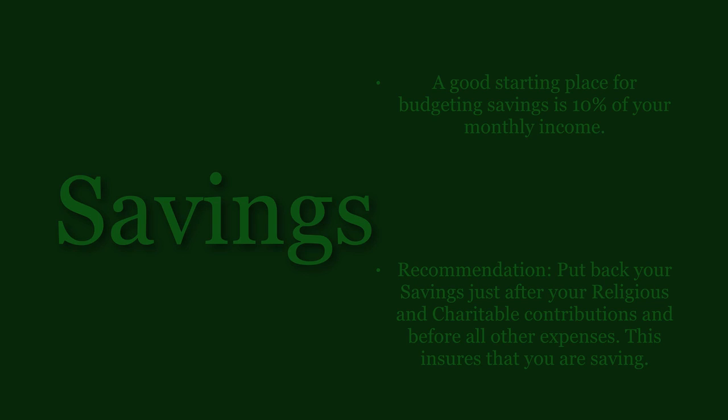This ensures that you are actually saving that money and that you're not just waiting to see if you have any left to put towards your savings. You want your savings to be there in case you need it, not, well, I'm going to put back whatever I have left, because you'll just always find a place to spend it if you do it that way. And keep it in a separate savings account, and don't just leave it in your checking account and expect to always have a good buffer there, because you'll always spend what's in there.